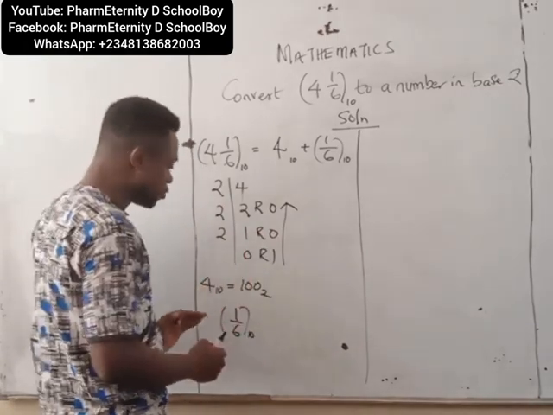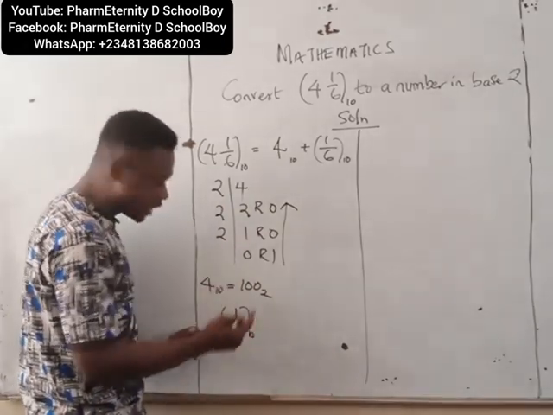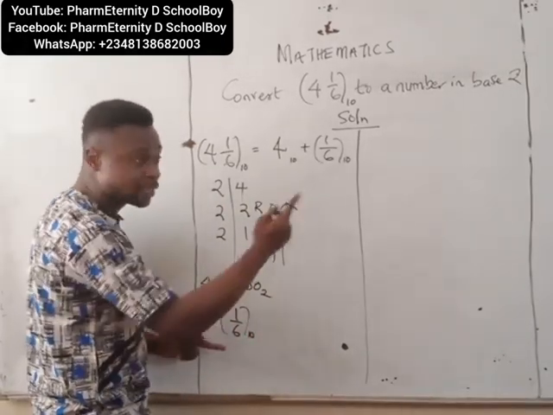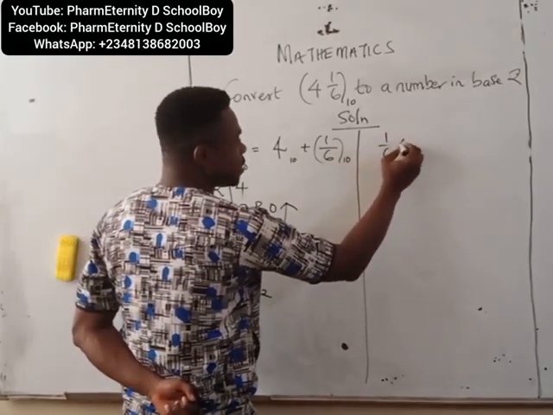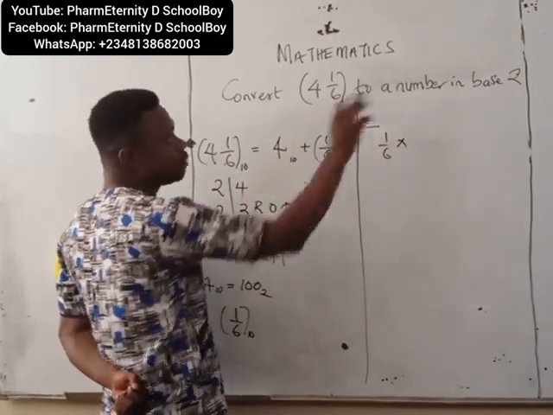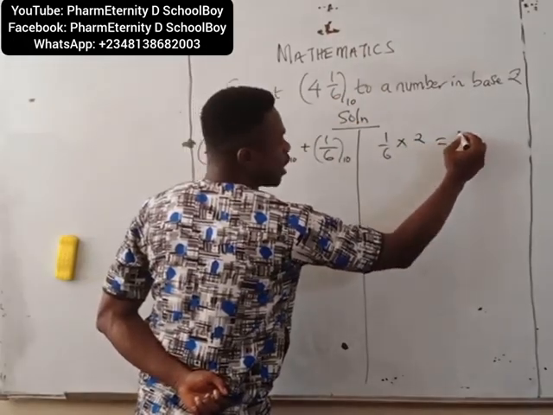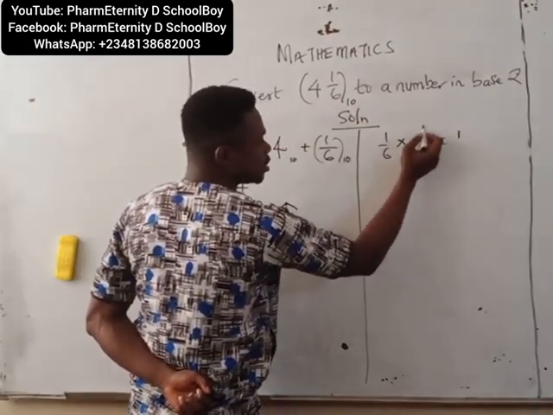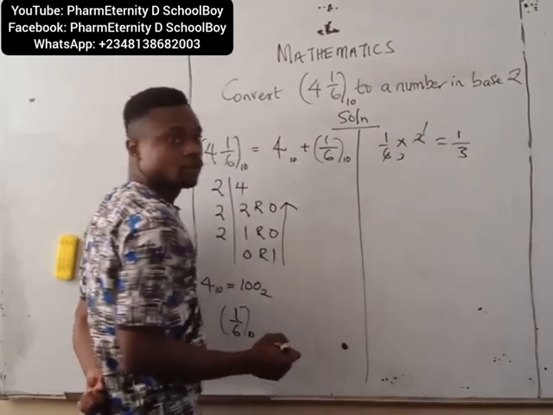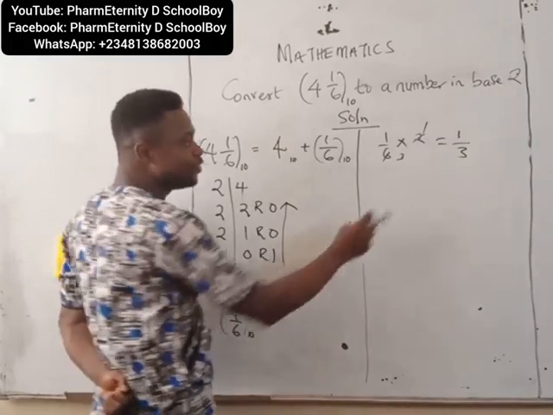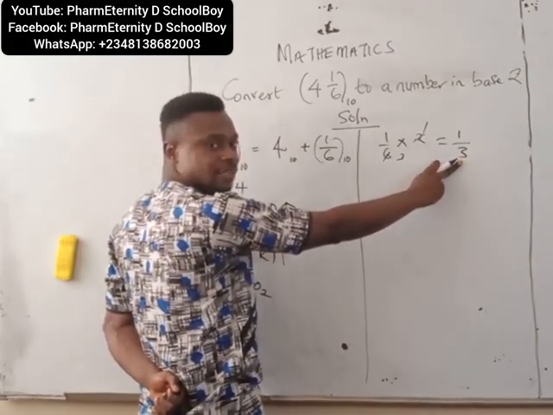Now let's go. Here we have 1/6. As I said, we multiply this 1/6 by 2. So we have 1/6 times the base we are sending it to, which is 2. You have 2 over 6, which reduces to 1/3. This is less than 1, it's not up to 1.